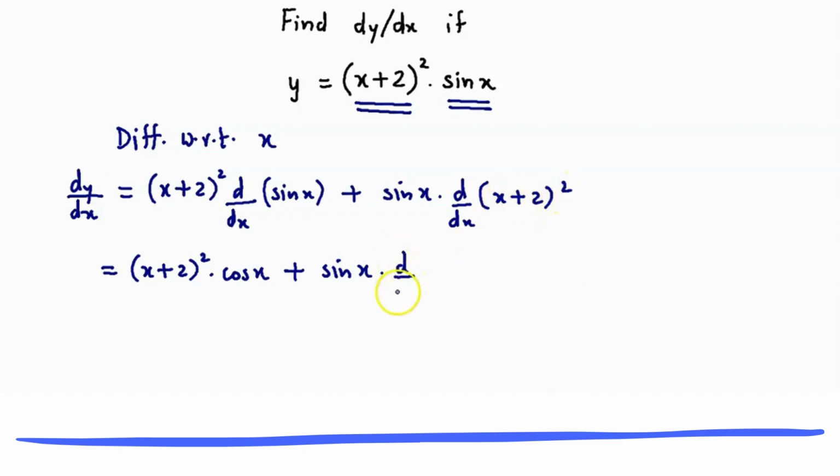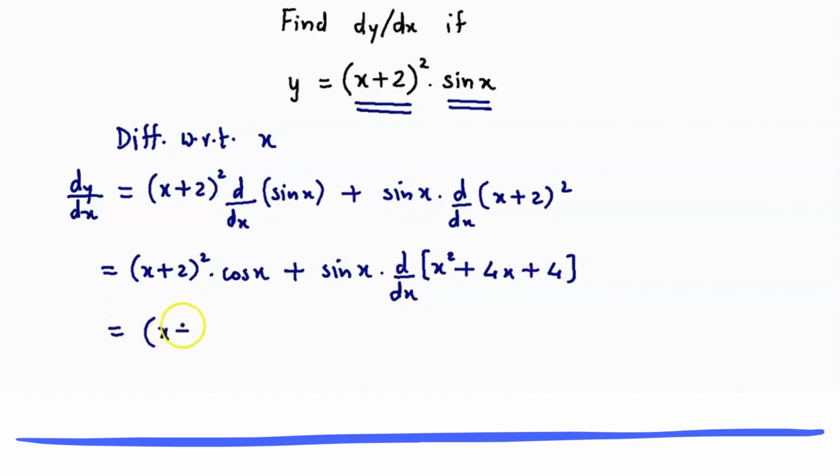So that would make things easier, or else we need to apply the chain rule. But it's easier to expand. So x plus 2 the whole square could be expanded as x square plus 4x plus 4. And now we take the derivative of each of these terms.